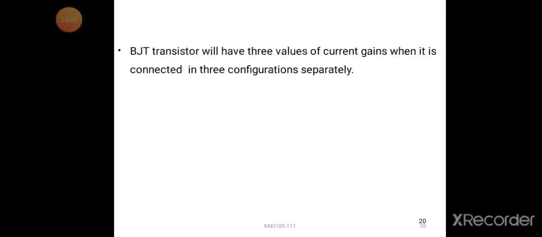A BJT transistor will have three values of current gain when it is connected in the three configurations separately.